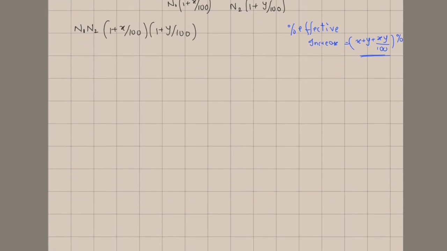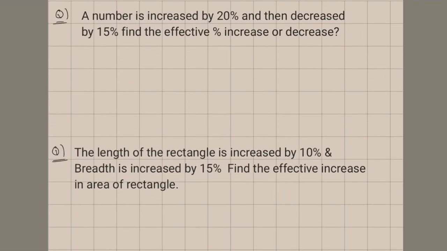ఓకే, లెట్స్ సీ సమ్ ఆఫ్ ద ప్రాబ్లమ్స్. ఏ నెంబర్ ఈస్ ఇంక్రీజ్డ్ బై 20%, దెన్ డిక్రీజ్డ్ బై 15%, ఫైండ్ ద ఎఫెక్టివ్ ఇంక్రీజ్ ఆర్ డిక్రీజ్. సో మన ఫార్ములా ఏం తెలుసు, ఫార్ములా విచ్ ఈస్ x plus y plus xy by 100.